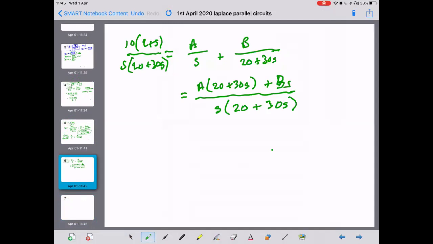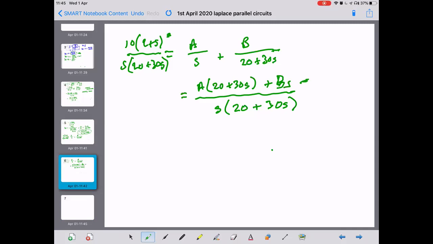Now we can equate the numerators. Because we've got the common denominator, 10 times 2 plus s must equal this bit on here.